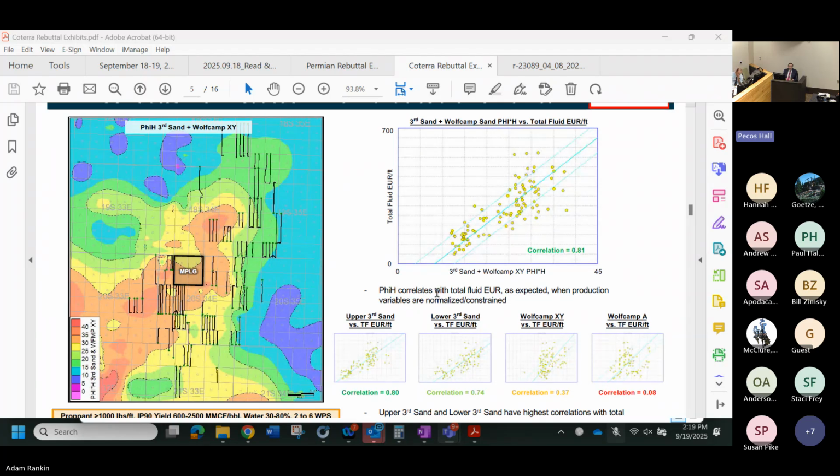In this case, the dependent variable is the total fluid EUR, and a 1 would be it predicts it very well. And so when I see an R squared of 0.66, I'm seeing that this variable is predicting most of what total fluid is for a given total porosity height.